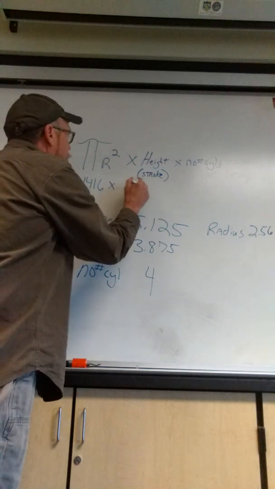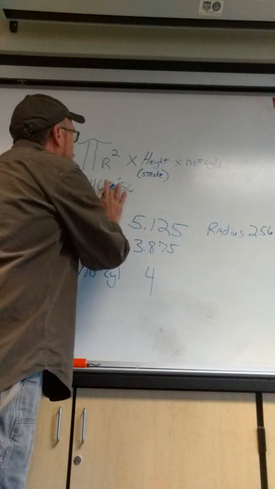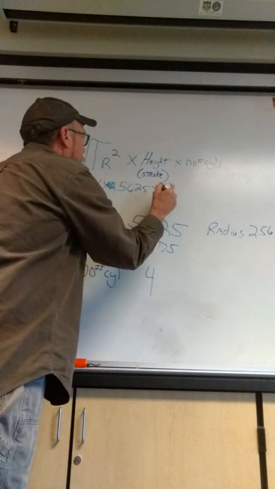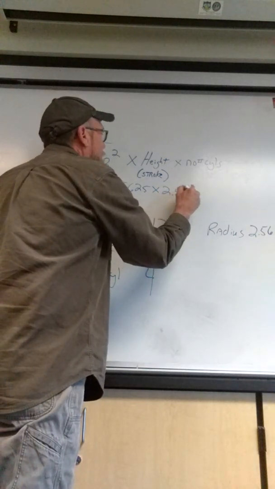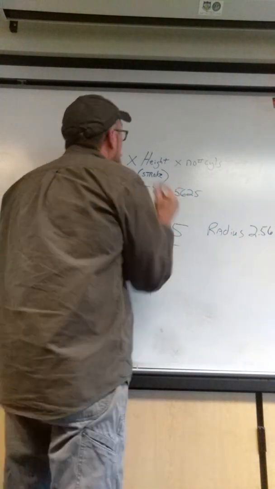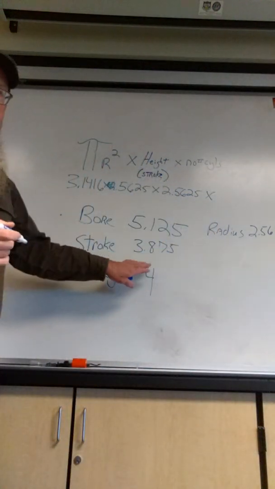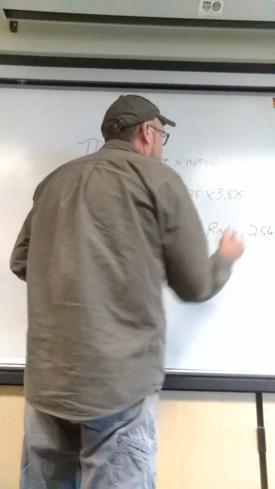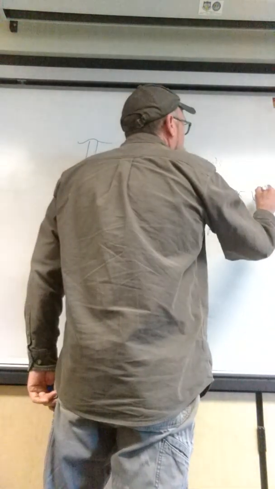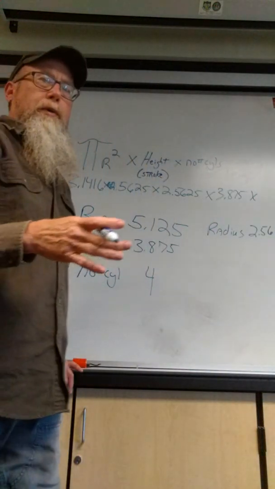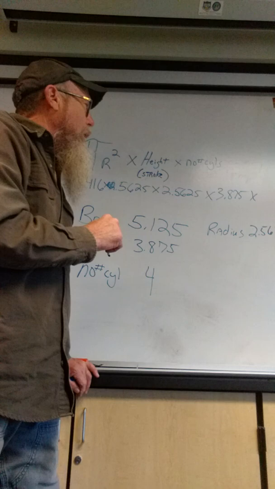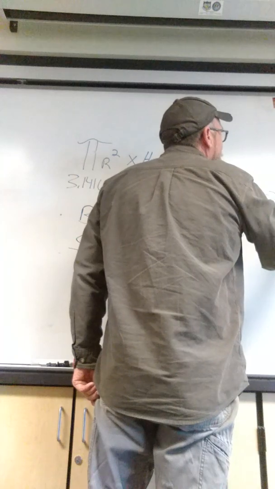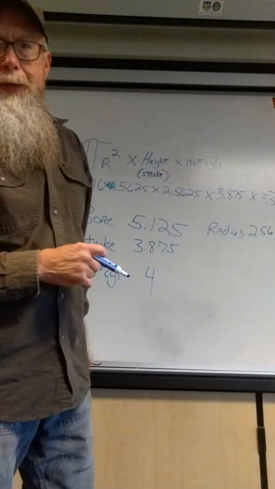So 3.1416 times 2.5625, then square it, meaning multiply it by itself, 2.5625, times the stroke, which is 3.875, and of course times 4, the number of cylinders. And if you get a chance when you get away from this video to practice this, it'll actually come out to 319.74. Hope that came in on the screen over there.